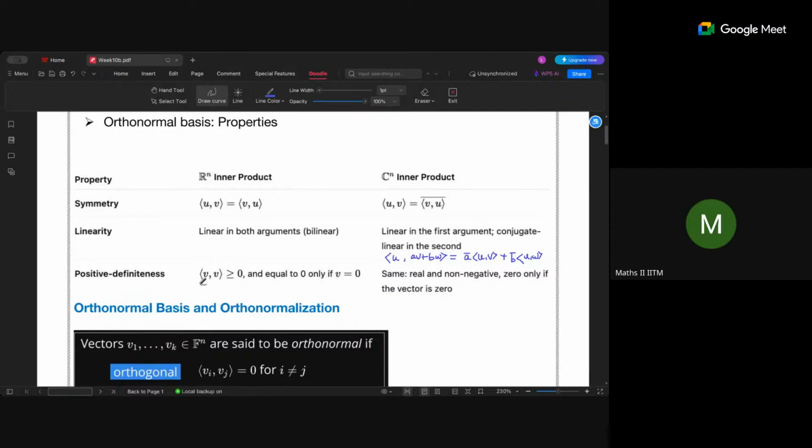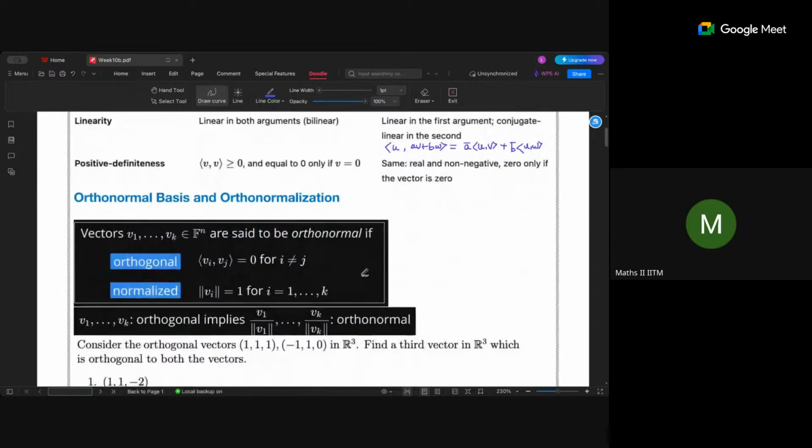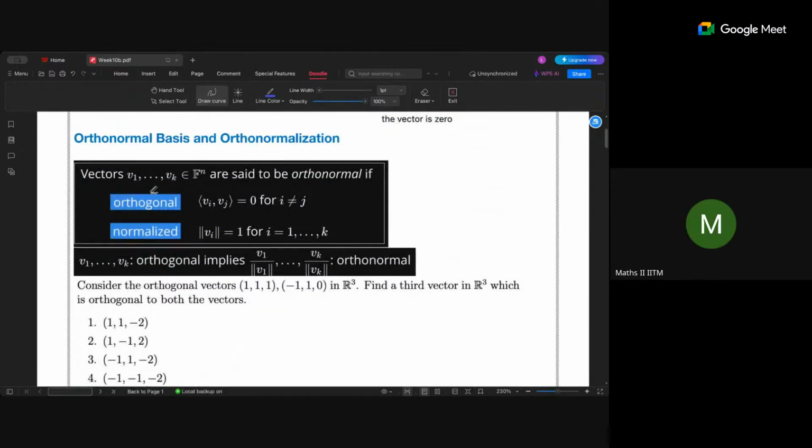And then you have positive definiteness for both Rn and Cn. That is, inner product of v comma v is greater than or equal to 0, and it is 0 if and only if the vector is 0. We say that two vectors are orthogonal if the inner product is 0. Now what is meant by an orthonormal set? Let us say you are given a set of vectors. When do we say the given set of vectors is orthonormal?